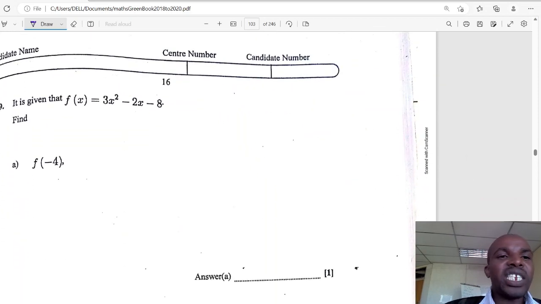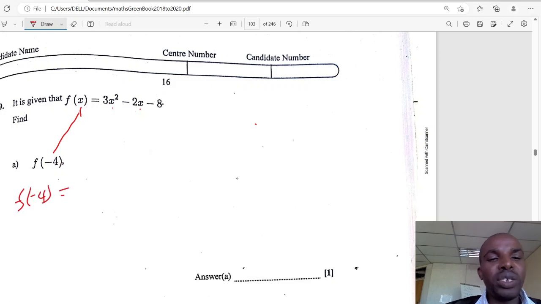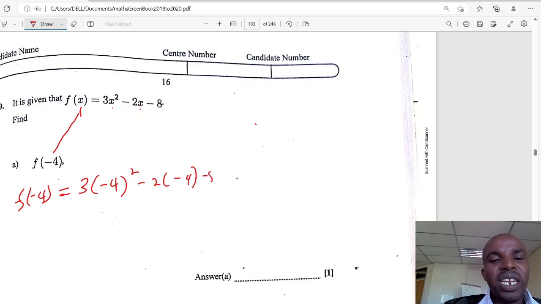Then next, question number 19. It is given that f of x equals that one; find f of minus 4. You just put, they said f of x, and we have to put x here. So f of minus 4 means minus 4 is replacing our x. Where there's x, you put minus 4. 3 times minus 4 squared, minus 2 times minus 4, minus 8.